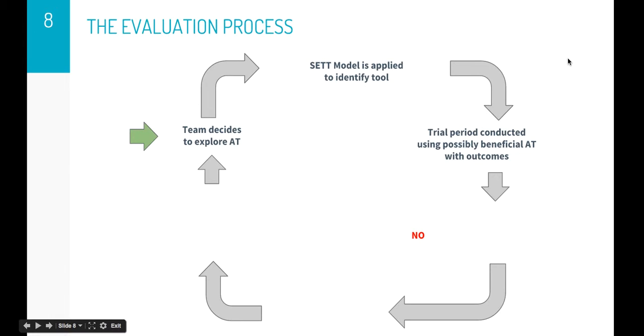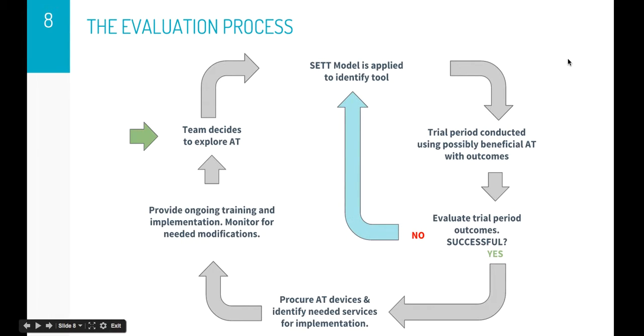So this is a general idea of the evaluation process. And you'll notice that it's cyclical because it really is never ending. Not necessarily. We're going to start here where the team decides to explore assistive technology. The student is struggling in some way. Then they'll apply the SET model to identify a possible tool that'll help meet an identified weakness.